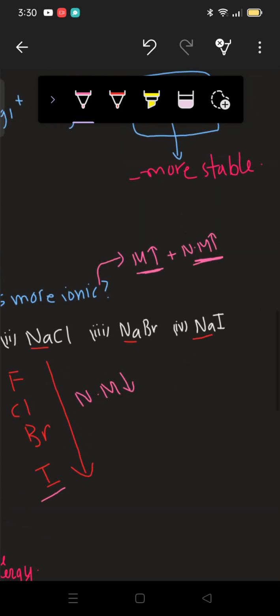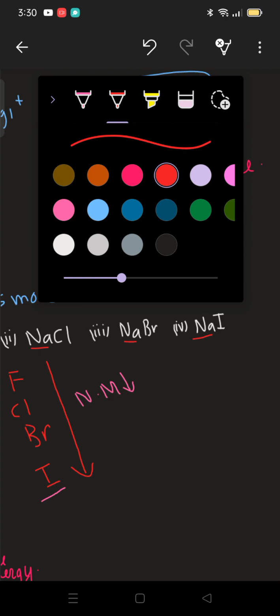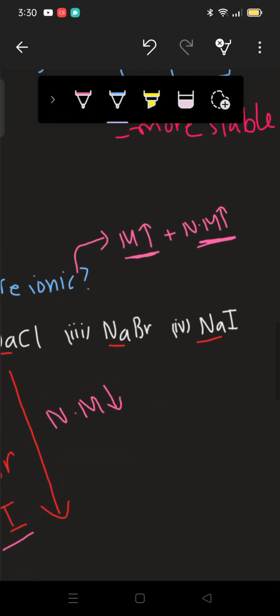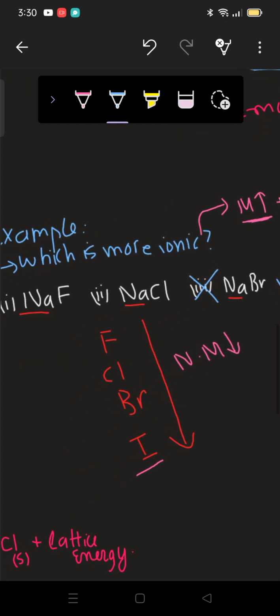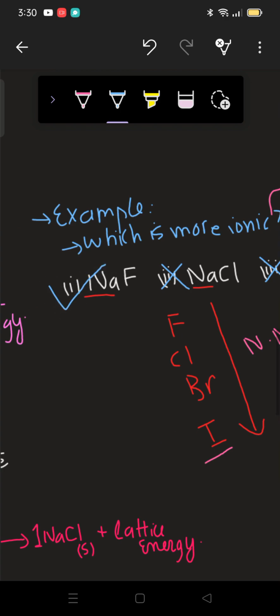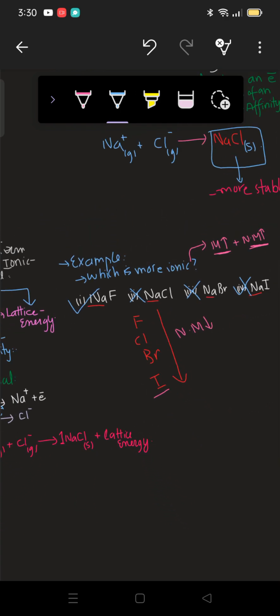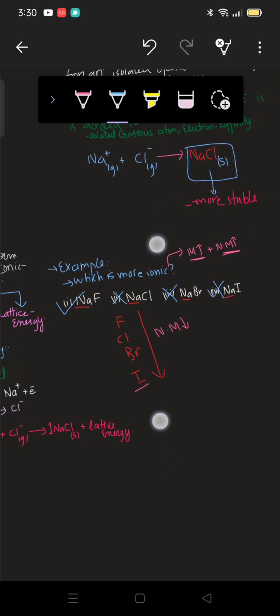Since iodine has less non-metal character, from up to down the non-metal character decreases, so F will have higher non-metal character, and that's why NaF is the most ionic.